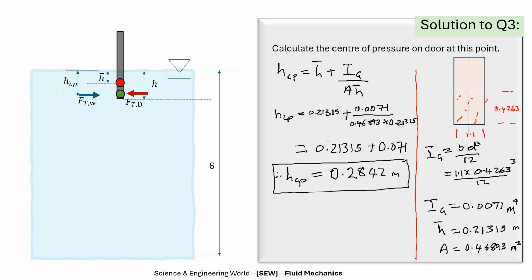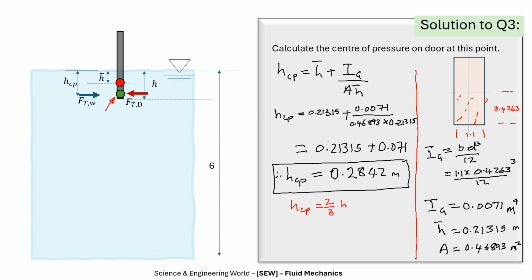The center of pressure we just calculated is not this one here, where the effort of the water is applied. We have also seen in the previous video that HCP is equal to 2/3 of H. So let's see how far it agrees with the result we got above.